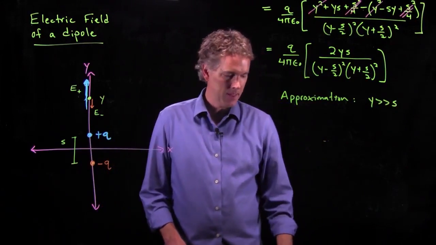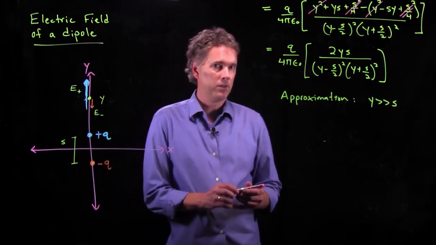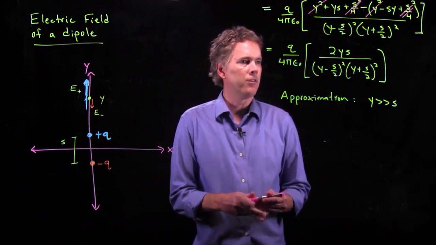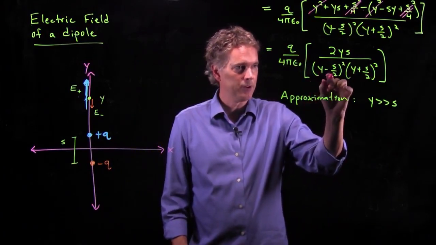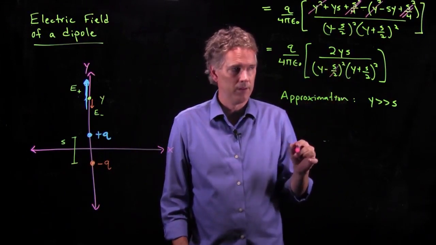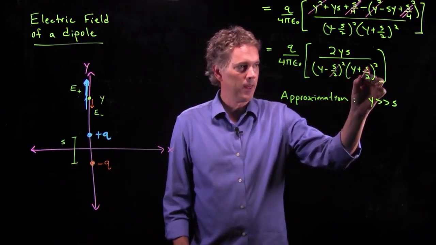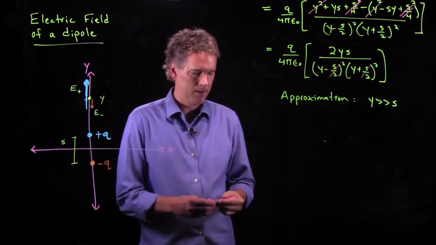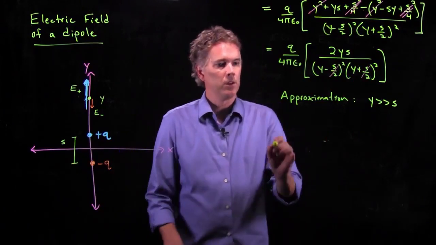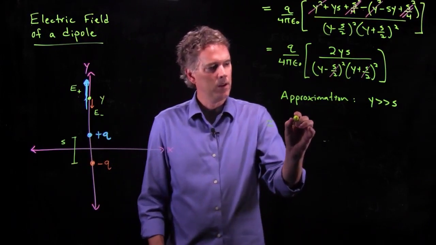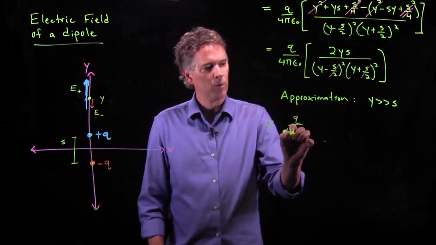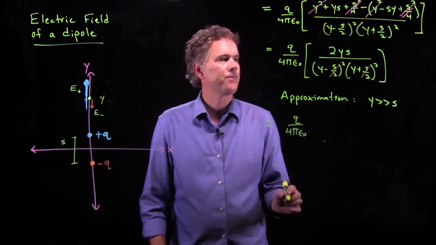And if we make that approximation, what does that mean? That means that this thing is much bigger than s over 2. So let's ignore that. This thing is much bigger than that s over 2. Let's ignore that. And now look what this becomes. And we'll write approximate because we've done this approximation. Q over 4 pi epsilon naught.